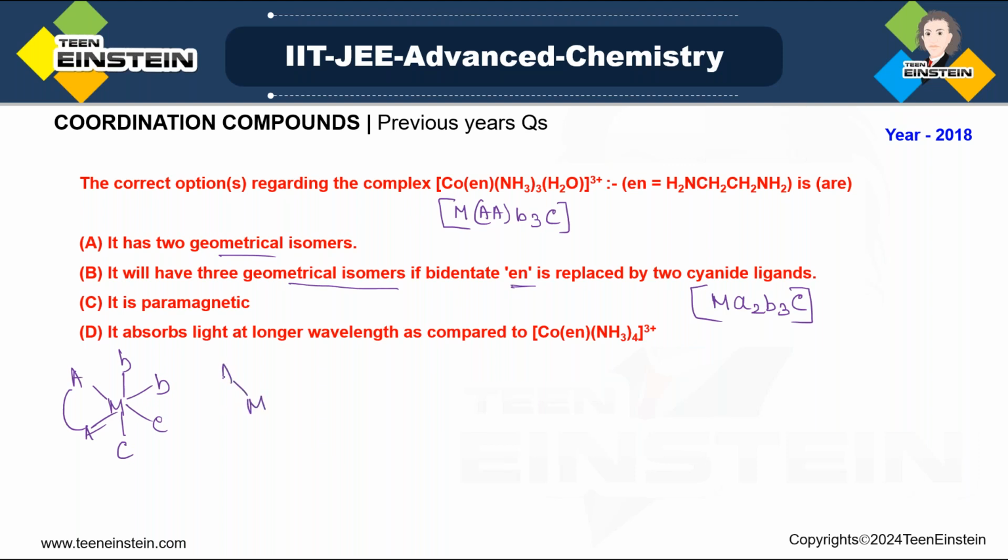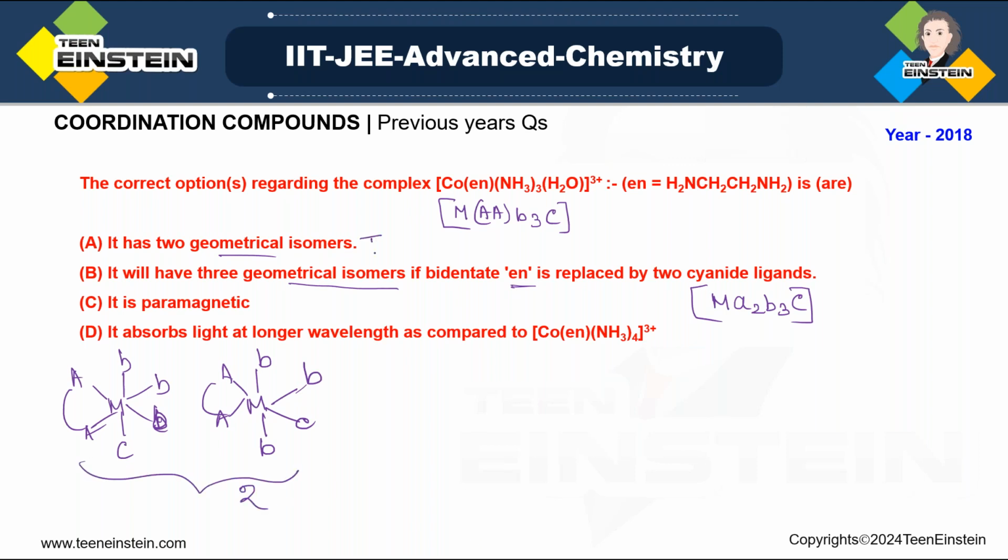Another possibility is, sorry, this is also B, because there are a total of 3 B. Now if I just replace one B with C, this is another possibility. So it will be a total of 2.